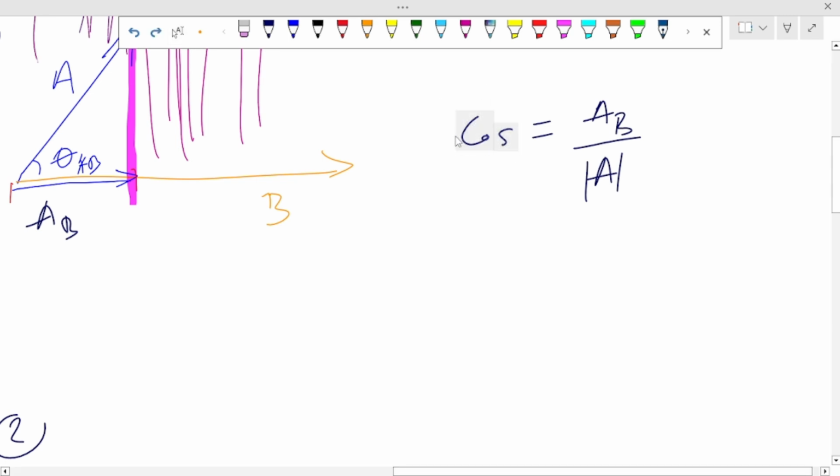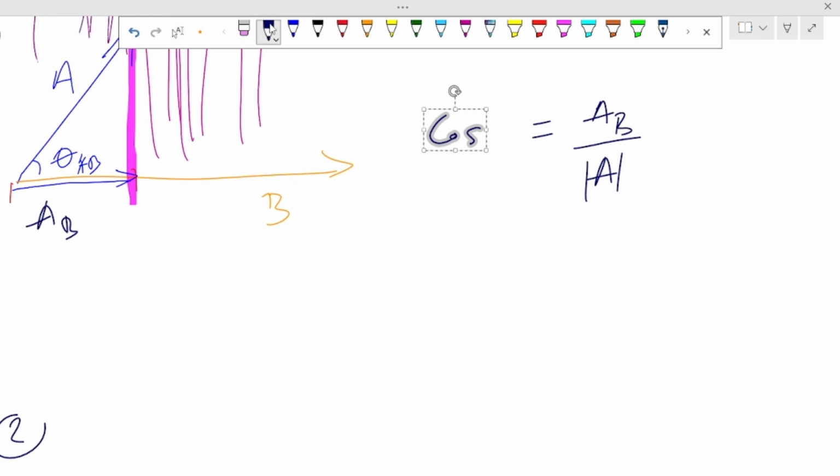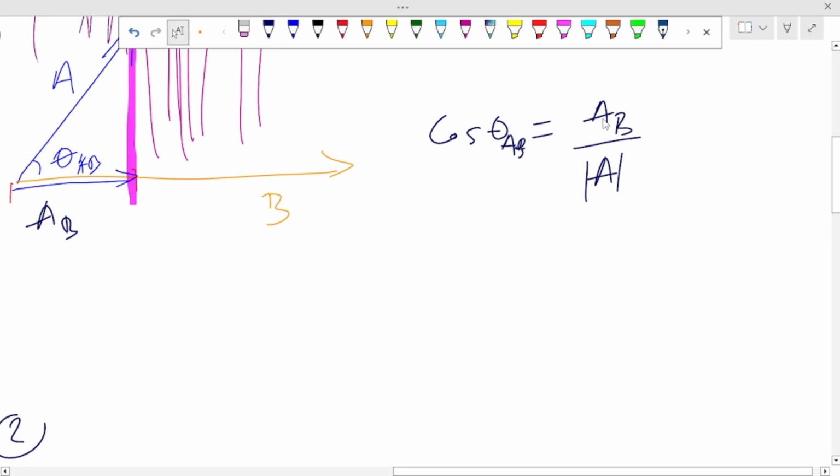Yes, there's an angle here. This is cosine of the angle between A and B. So this is for the magnitude of A onto B.